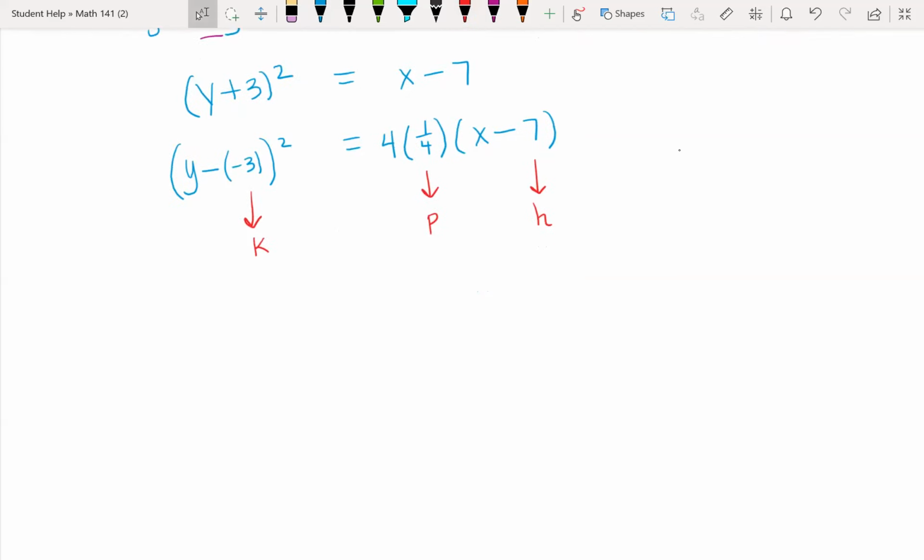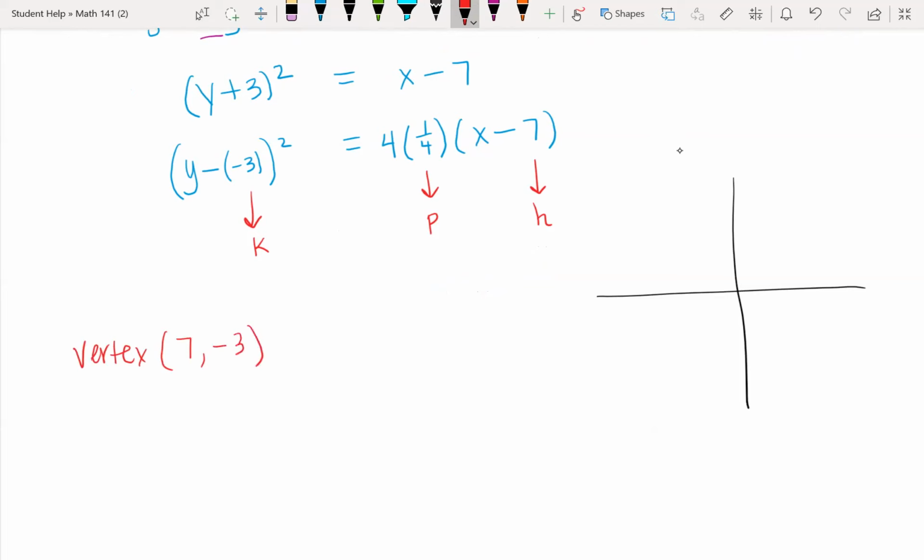Okay, so let's look at a rough sketch here. We know that our vertex is going to be at, no, +7, -3.